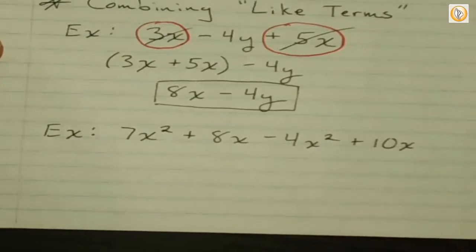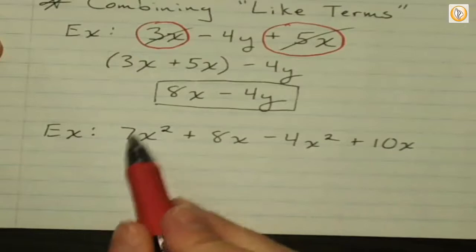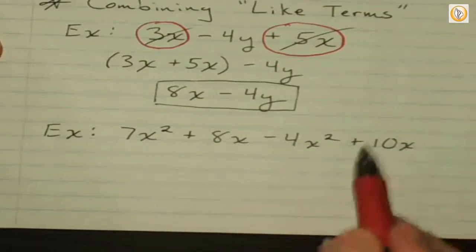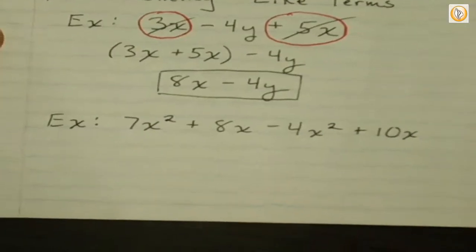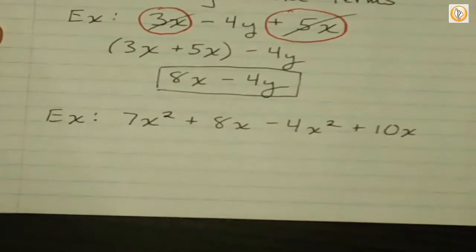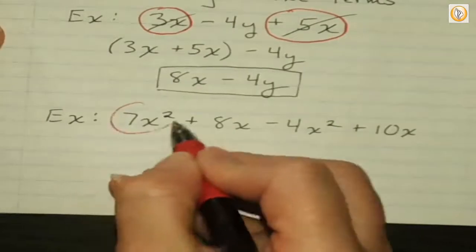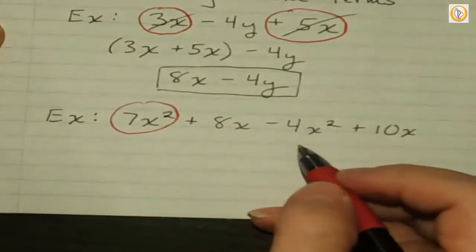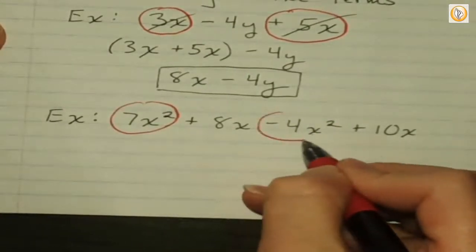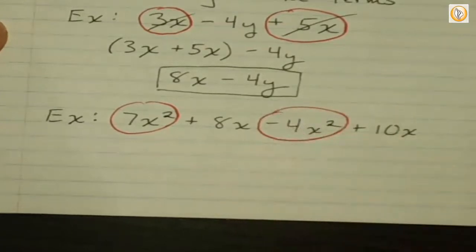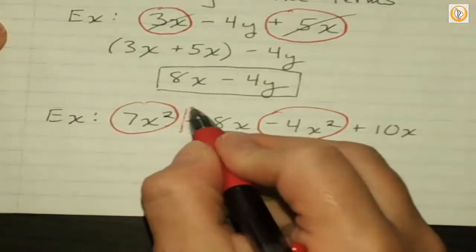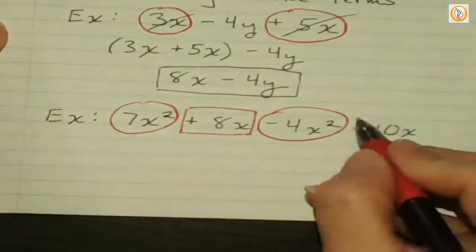How many terms are there in this problem? That's right. There's 1, 2, 3, 4 terms. So, Aiden, which terms can I combine together? 7x squared, -4x squared, and we're including the negative sign, and then what? Positive 8x and positive 10x.